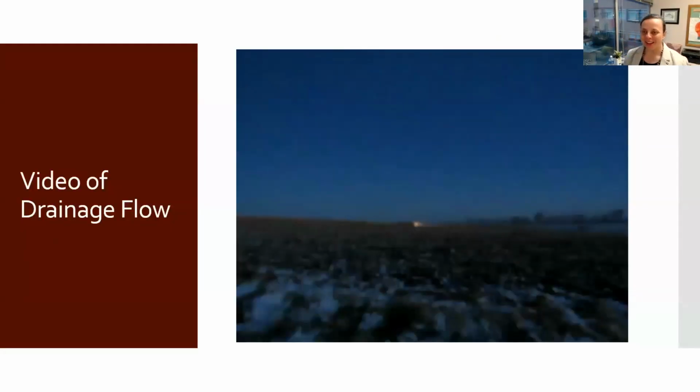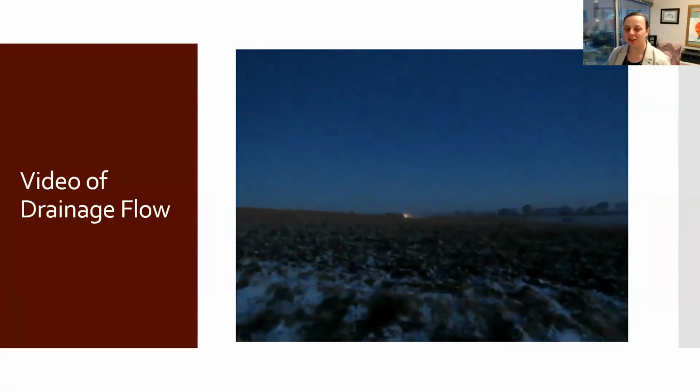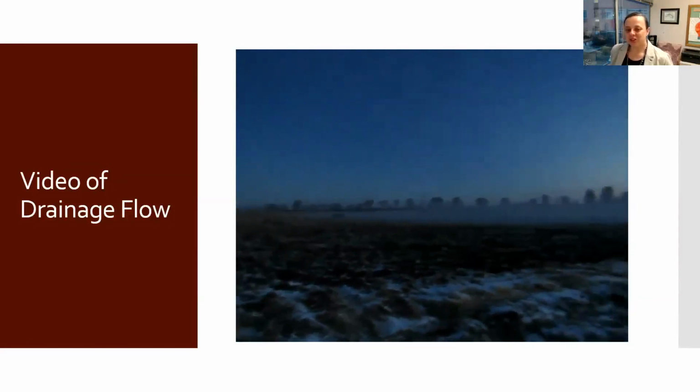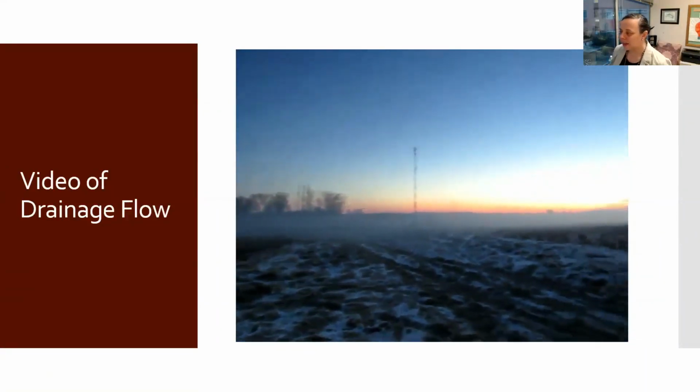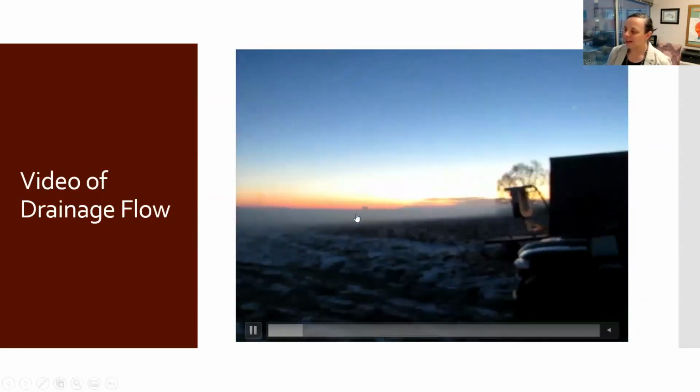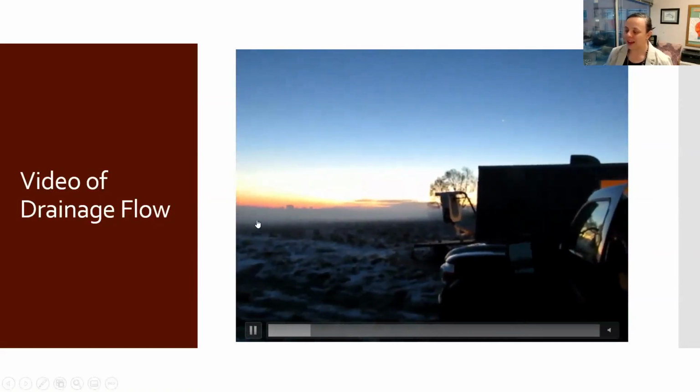But before I start showing you lots of graphs and data, I want to show you that we really did see drainage and flow. This is a video along the gully at one of our later IOPs in early November, early morning at the end of an IOP.